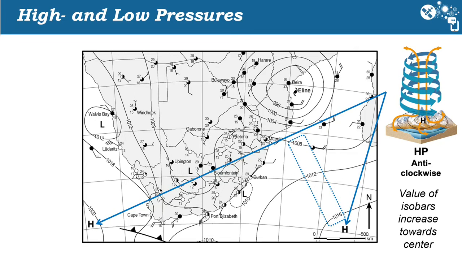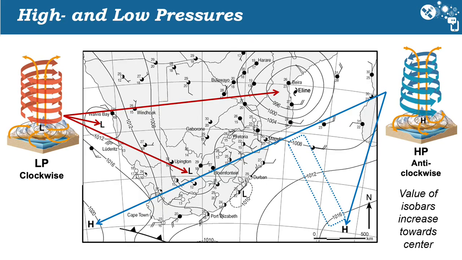So when you look at any high pressure cell, you will notice that the value of the isobars increase. When I'm looking at the South Indian high pressure cell, in that little blue rectangle with a blue dotted line, you will see the atmospheric pressure goes from 1008 hectopascals to 1012 to 1016. The atmospheric pressure increases towards the center, and that's how I can identify a high pressure cell.